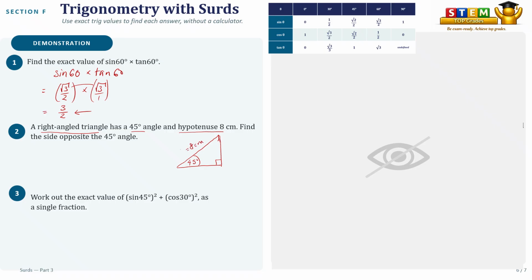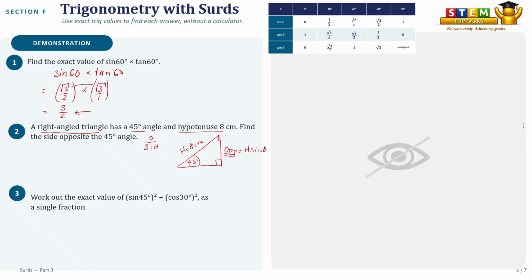So this is your hypotenuse, and we're looking for the opposite. If you remember your formula triangle, or otherwise, when you're looking for the opposite, it is always sine: the hypotenuse multiplied by the sine of the angle.